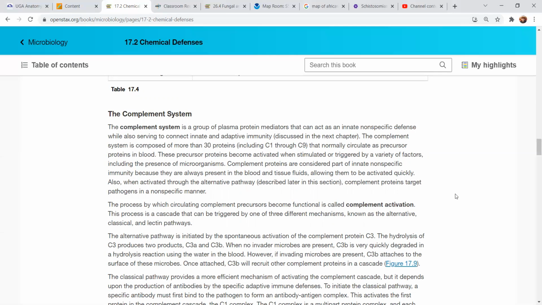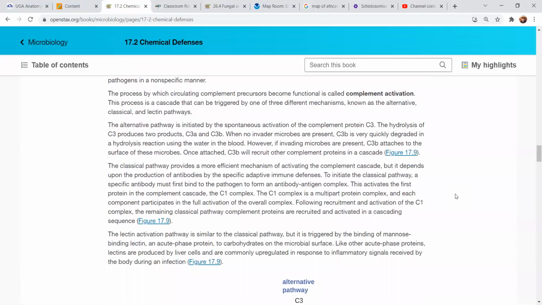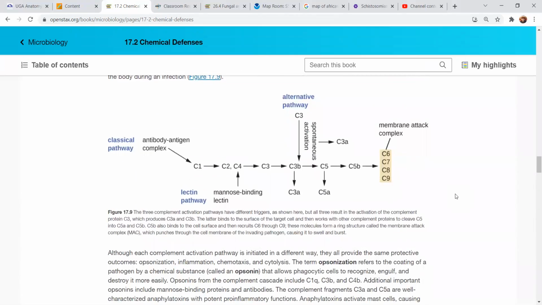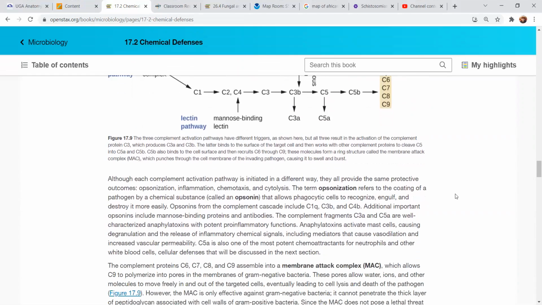This allows them to be activated very quickly. And then this basically starts to activate these proteins that are going to eventually kill pathogens. They produce different outcomes: opsonization, inflammation, chemotaxis, and cytolysis.